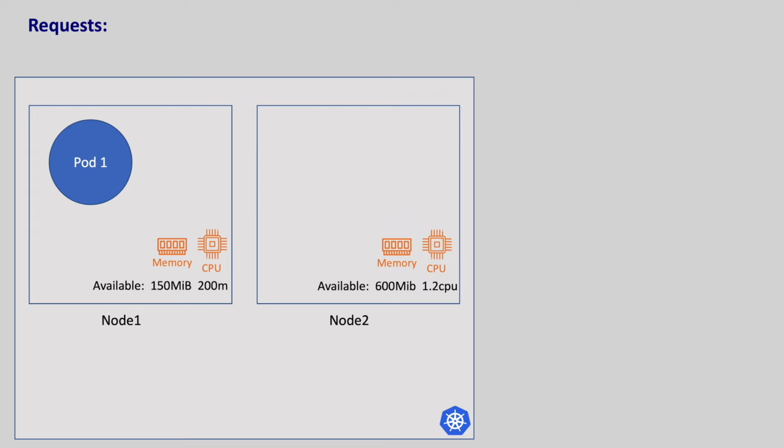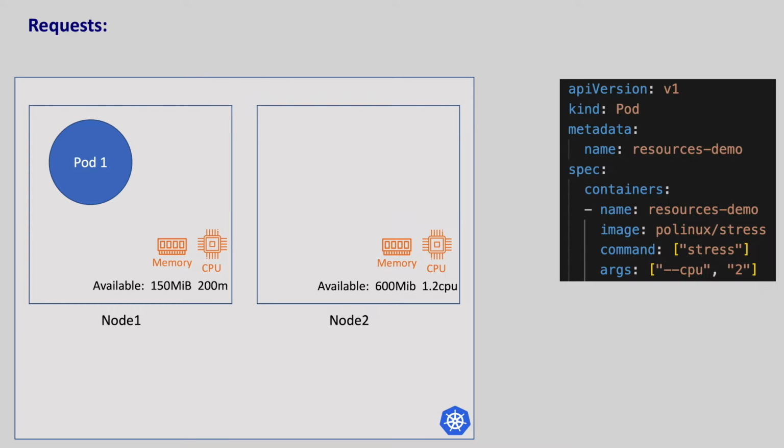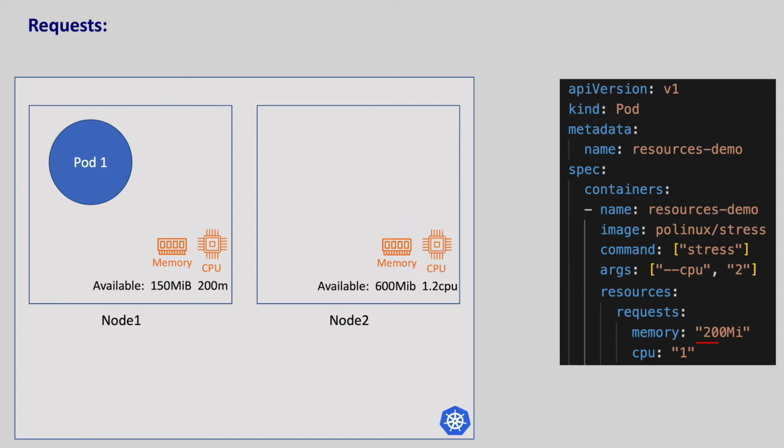What if there is a way to instruct Kubernetes to deploy this application or pod onto a node that has minimum capacity? For every container, we can define the resources and we can request Kubernetes to deploy this application onto a node where minimum CPU and memory are available using requests.